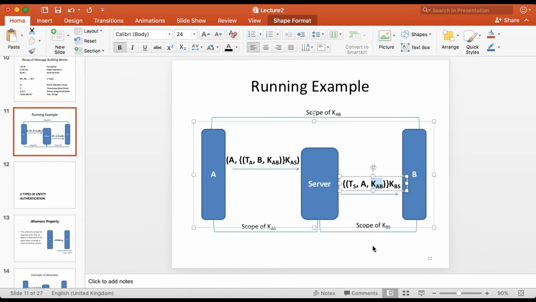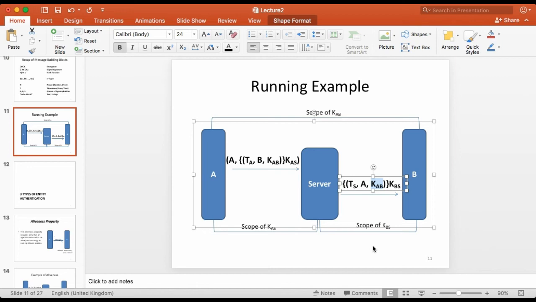So once this protocol has been completed, Alice and Bob can exchange any sort of secret or sensitive messages with each other using the key KAB.